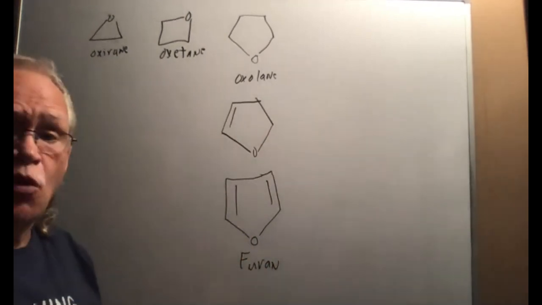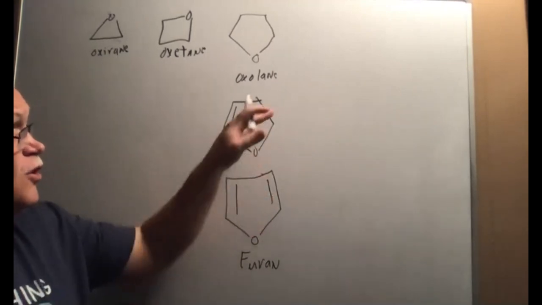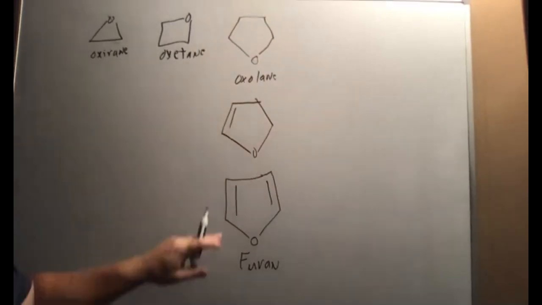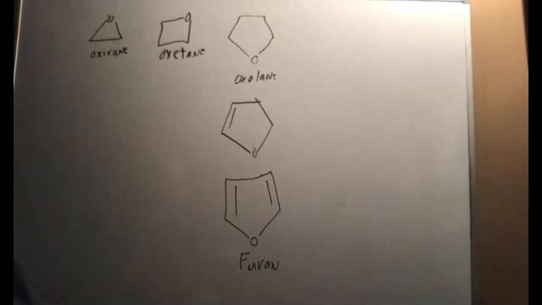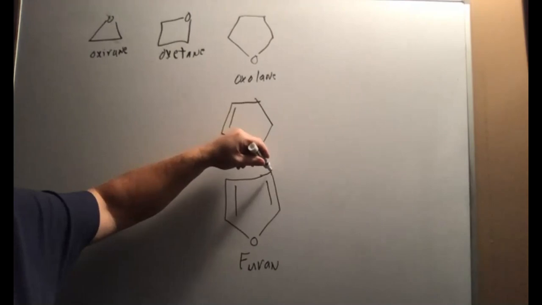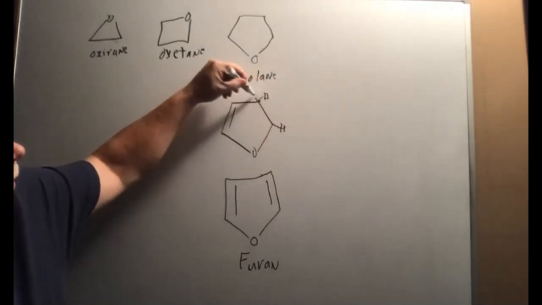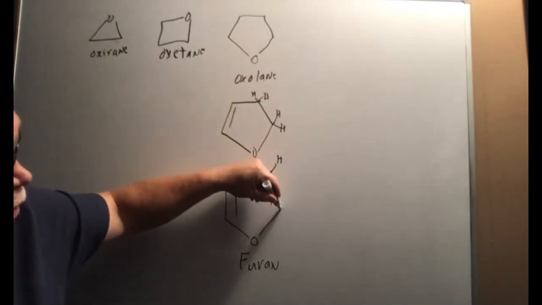Now pay attention to what we're going to do when we go from furan to this compound to this compound. Notice what happens. We lose a double bond, and it doesn't matter which double bond we lose. So when we lose a double bond, really what we're doing is, I'm going to put some hydrogens on here, just on this side of it though.